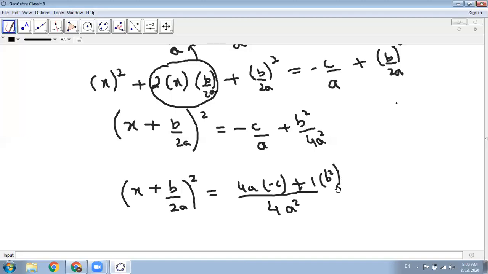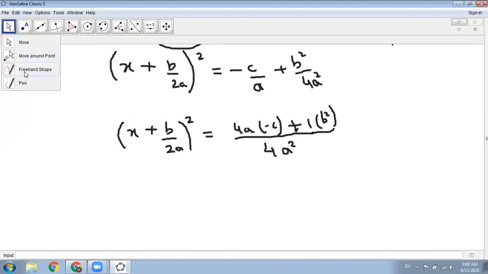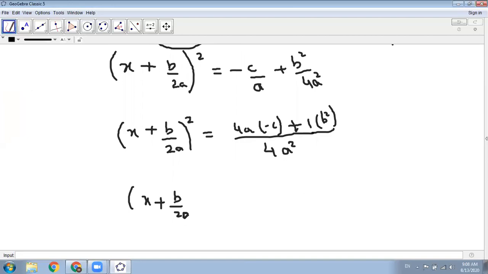So we solve this side. Now it becomes (x plus b upon 2a) whole square equals to minus 4ac plus b square upon 4a square.